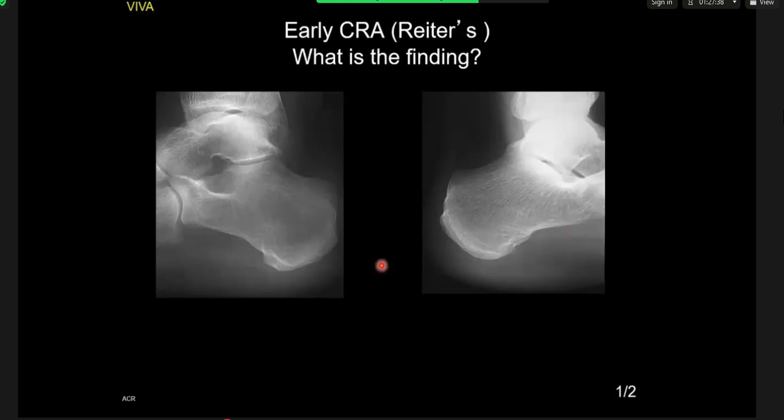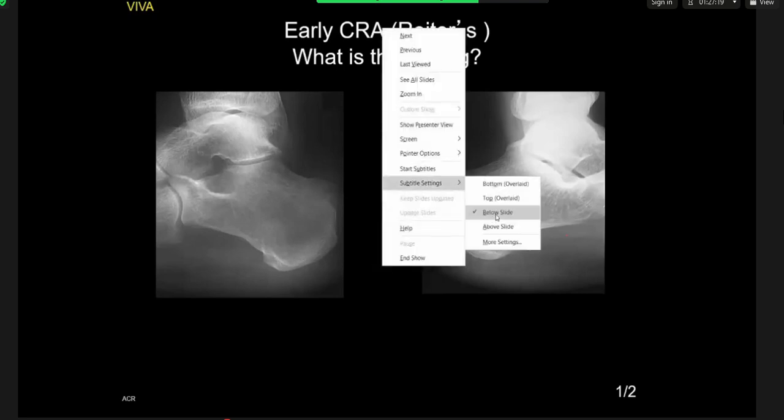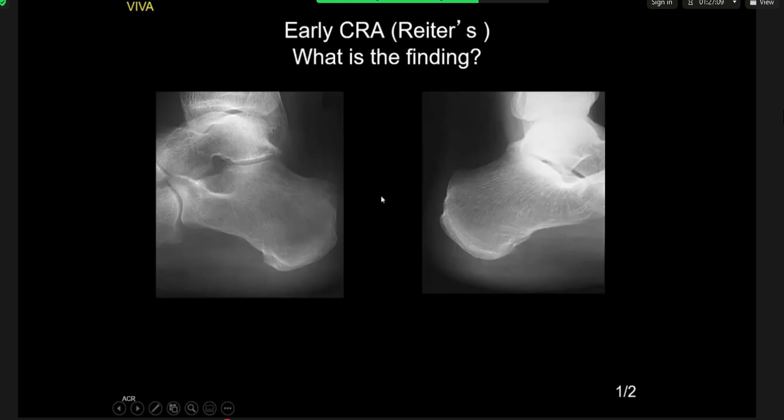There is an asymmetry between the two, with the calcaneum displayed on the screen's left having generalized increased lucency with a reduction in the visibility of the trabecular pattern, and at the superior aspect, at the insertion of the tendo Achilles, there's what appears to be some osteopenia. Excellent. So which side is the abnormal side? Yes, I would say so.